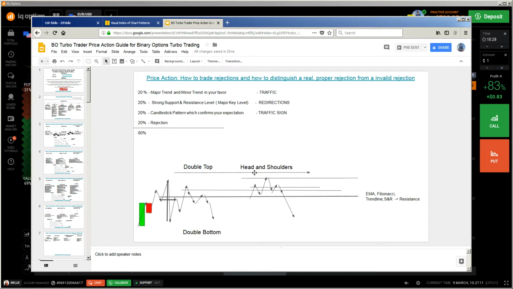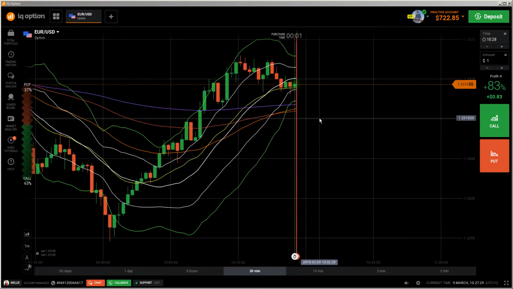A rejection is nothing else like a candlestick. For example, if you wait for a 5-second confirmation, it means one 5-second candlestick is for you the confirmation, and this is obviously some kind of ridiculous, because 1 minute has 12 of them.